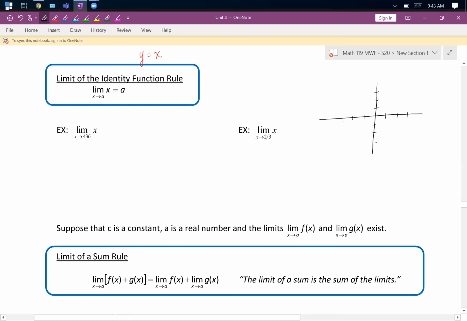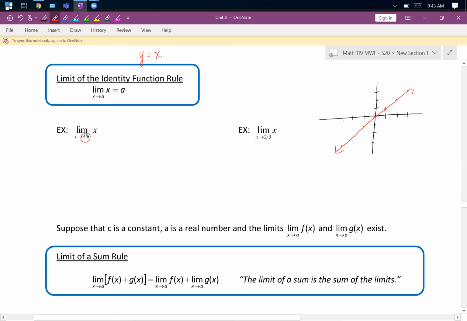If we think about the graph of that, and if y is equal to x, whatever number x is approaching, our y value is going to be equal to that, right? We're hitting the points 1, 1, 2, 2, 3, 3, and so on.